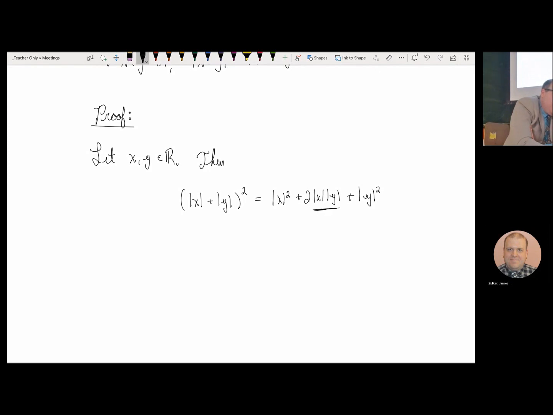Wait, look at this term here: absolute value of x times absolute value of y. Isn't that term guaranteed to be greater than or equal to x times y? Equal if they're both positive or both negative, greater if they're opposites.